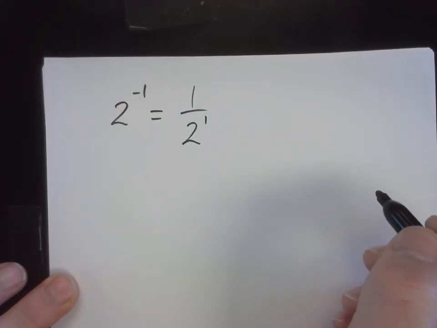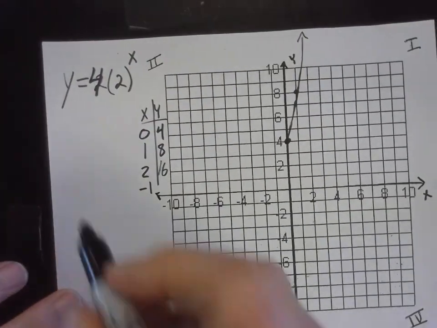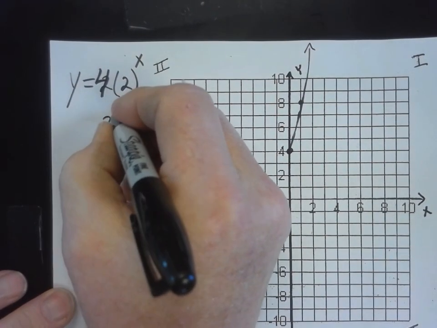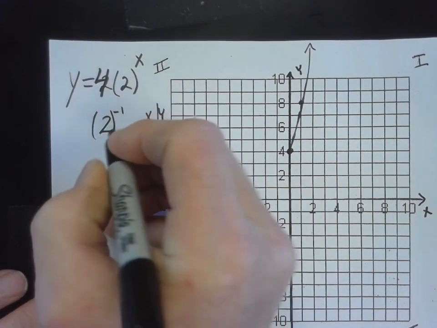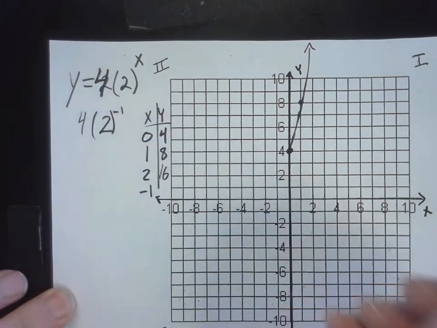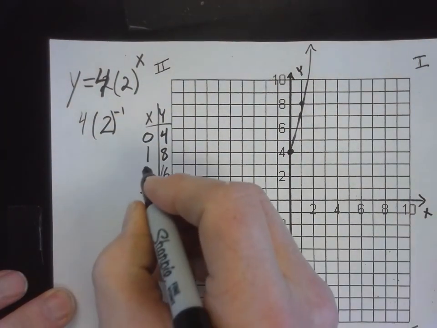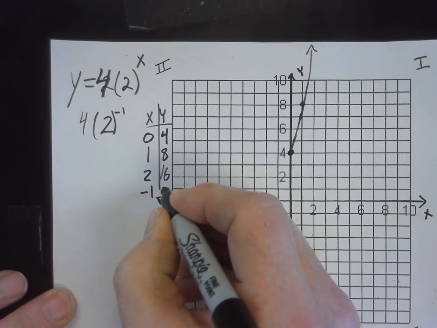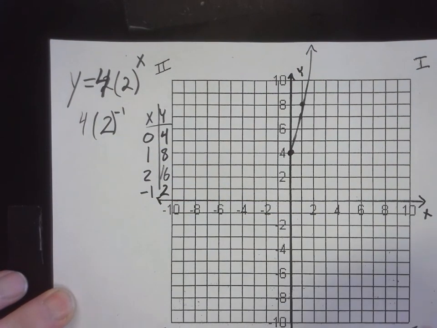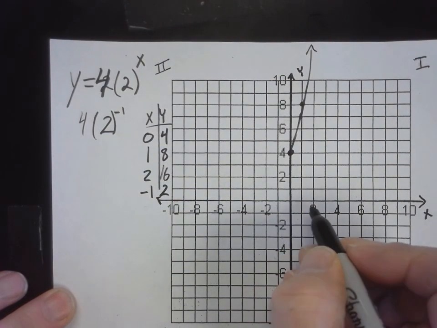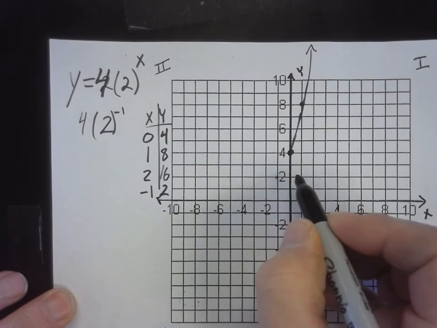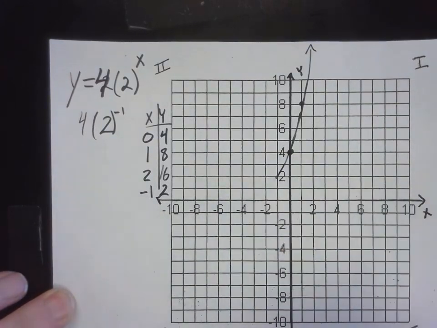It's 1/2. Okay? So 2 to the -1 is 1/2 times 4. It is 4 halves. It's 2. So -1, 2. So we still got this kind of curve going on.